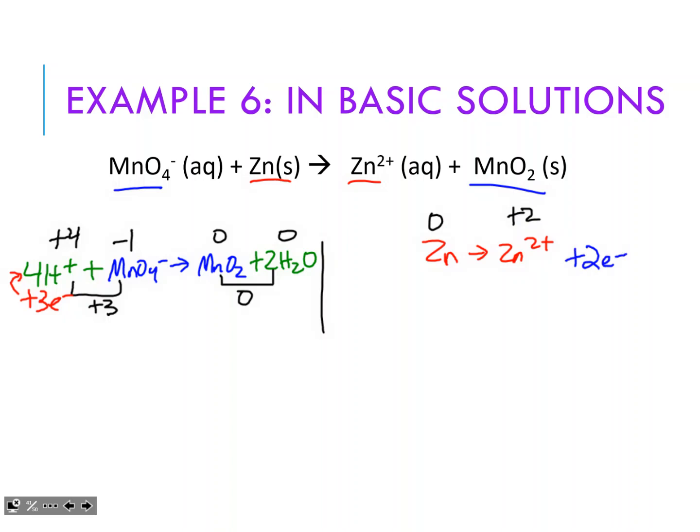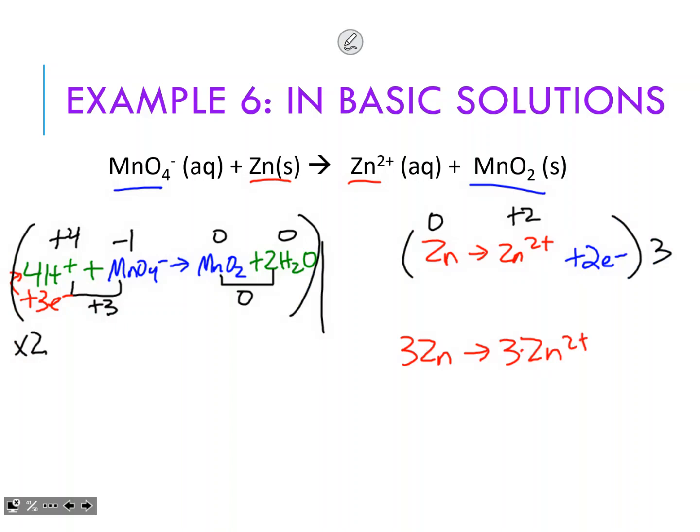As you can see, we have a 3-2 thing going on with our electrons, so we do have to multiply through. Gonna multiply this side by what? That one gets multiplied by 2. This side gets multiplied by 3. So we get 3 zincs going to 3 Zn2+, plus 6 electrons over here.